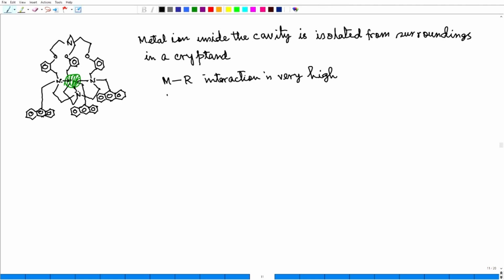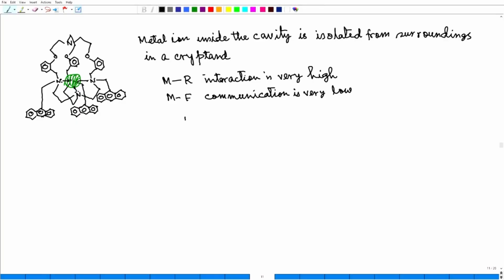And metal fluorophore communication is very low. So, all those 6 mechanisms I talked about, they are taken care of.